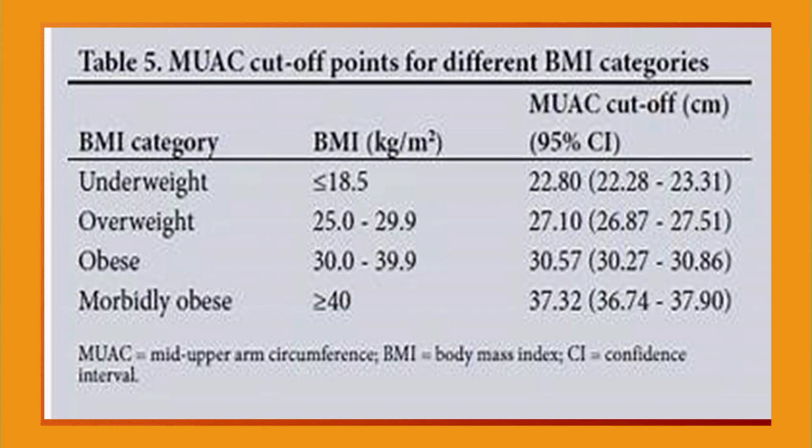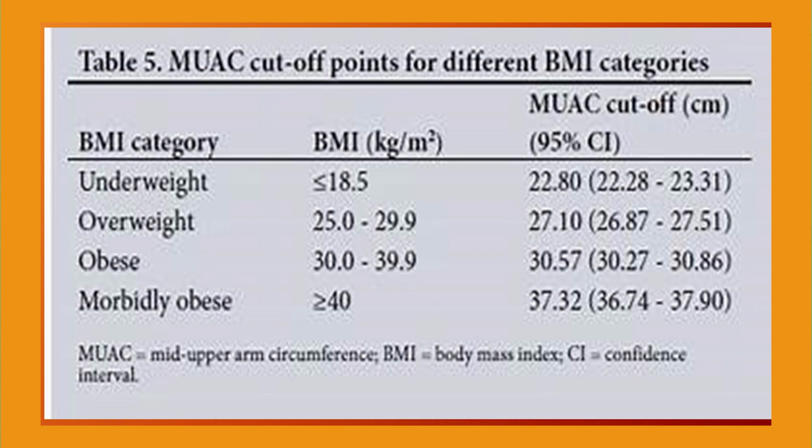Going further, for morbidly obese the BMI is more than 40, where the MUAC cutoff comes to 37.32. So, you can use the indices of BMI and the indices of MUAC, and then categorize the children and adolescents as underweight, overweight, obese or morbidly obese.